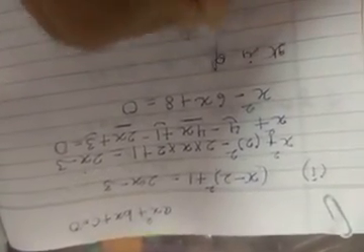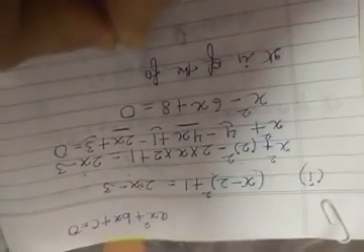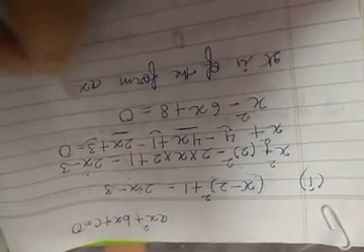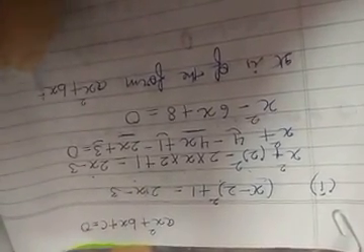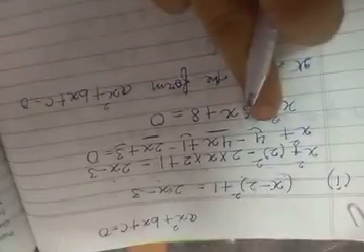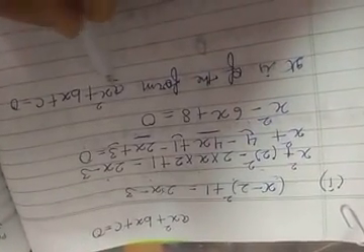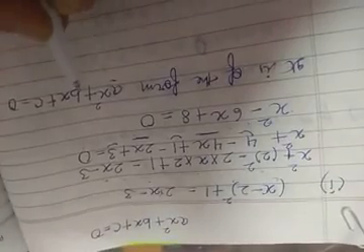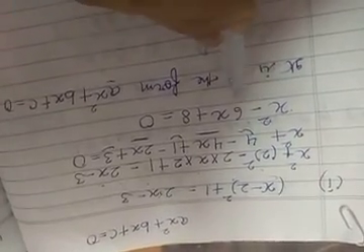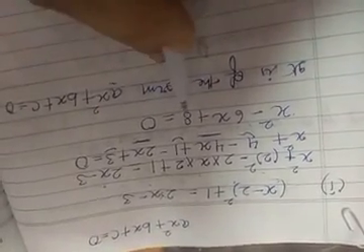So now what can you write? It is of the form ax square plus bx plus c is equal to 0. What is the a value here? 1. And what is the b value here? Minus 6 when we compare. And what is the c value here? 8.